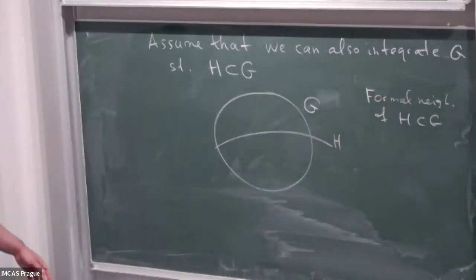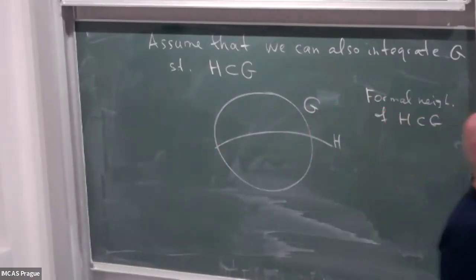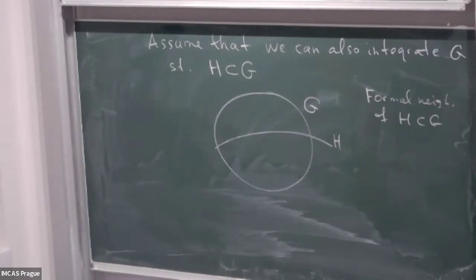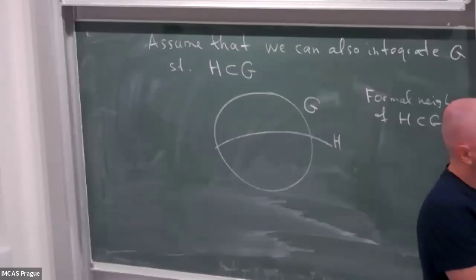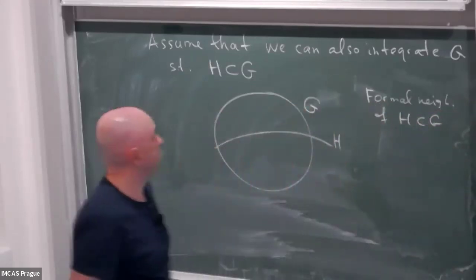Now, sometimes, as you see in many examples, the integration by use of Harish-Chandra pairs does not give the answer that we can expect, right? Because the integration of SL2 will be the Lie group SL2, but what we can get out of the pair, Cartan subalgebra and the whole algebra, will be just the formal neighborhood of the Cartan subgroup in SL2. So it's not exactly what one can expect.